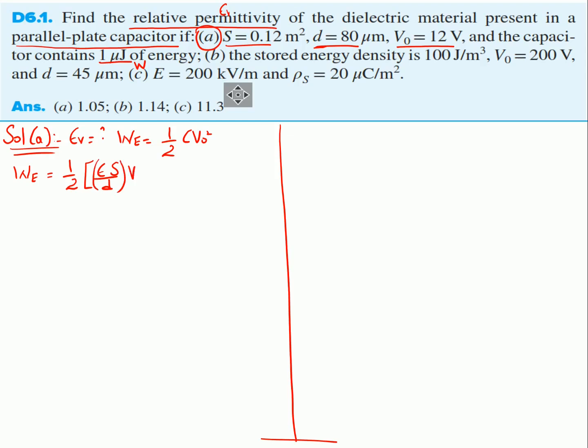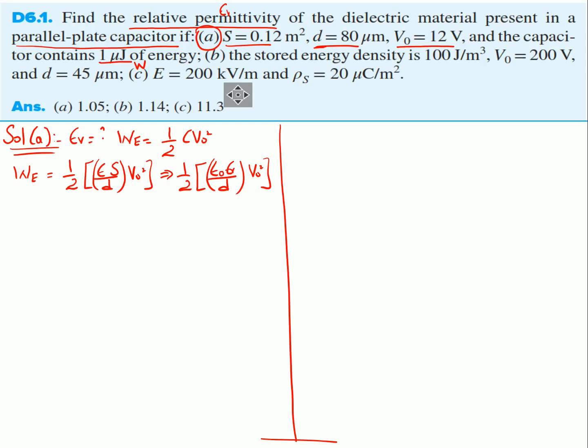Both represent the same thing. Then we can say the energy is half times epsilon, which can be broken down into absolute and relative permittivities, divided by the distance, times the potential difference squared. So now we can solve this to get the answer.